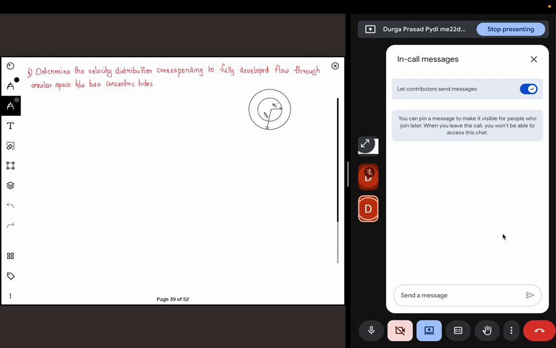So let's solve another problem. It's just like the previous one. The only difference is we'll consider an annular channel now, so we have two different radii, inner and outer radius. I'll give you maybe 5-10 minutes. Use the same equation that we used before, and then determine the velocity distribution for a fully developed case. The governing equation and the boundary conditions are shown here.